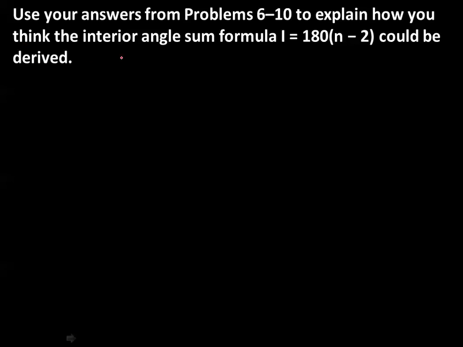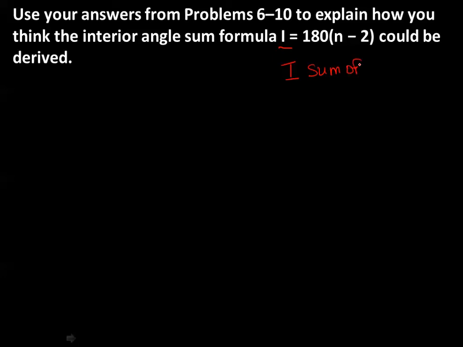Now, use your answers from problem 6 through 10, which is the ones that we just did, to explain how you would think the interior angle sum formula, this capital I is for sum of the interior angles. Let me write that up here because I don't remember them telling you that.